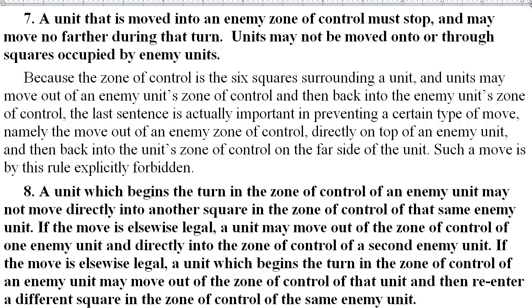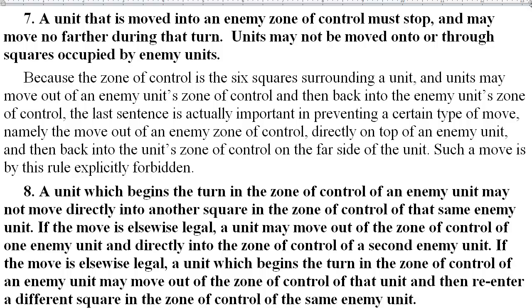I can do a few other things. I can move out of the zone of control of an enemy unit onto a square that is not an enemy zone of control at all, move around, and then re-enter the zone of control of the unit whose zone of control I left at the start of the turn. So I can move out and then move in again.